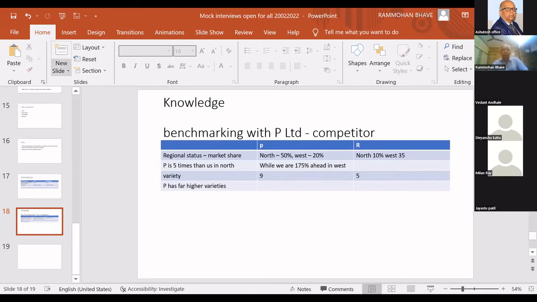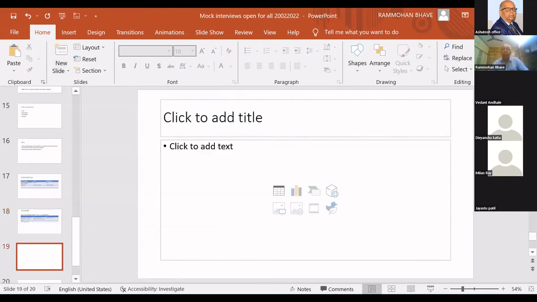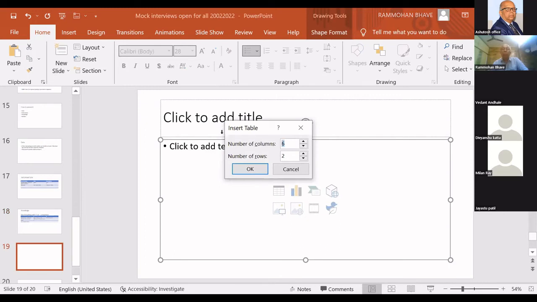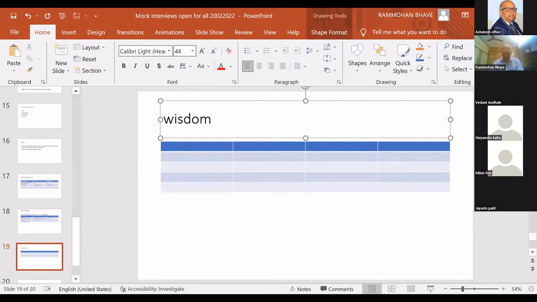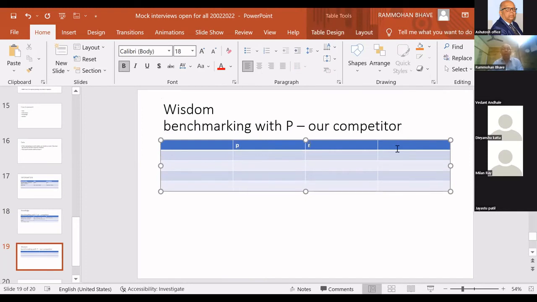So let's go to wisdom. Again, here benchmarking with P, our competitor. P's regional strengths.